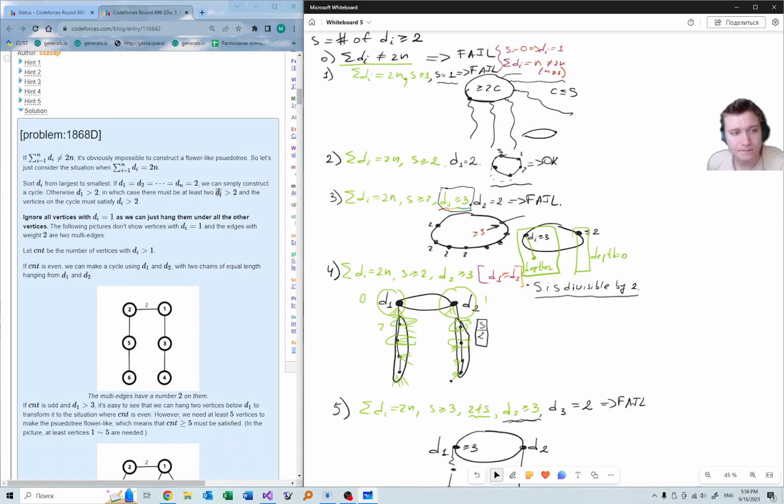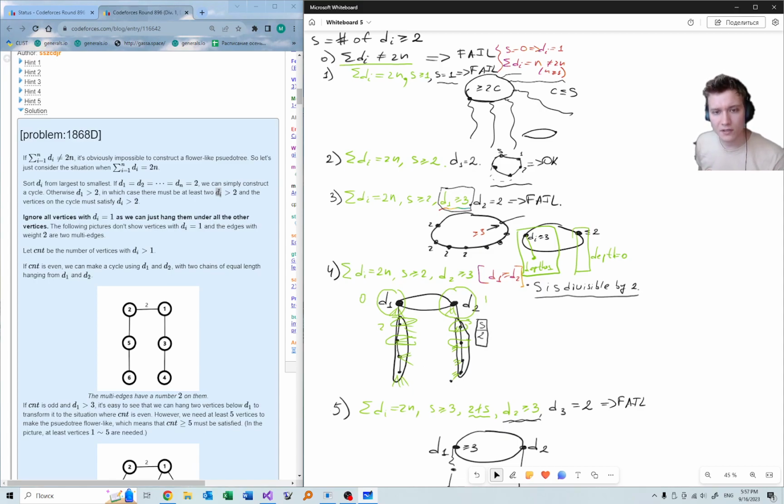So if all these degrees are 2, we can simply construct a cycle.